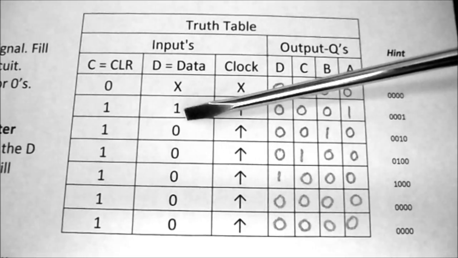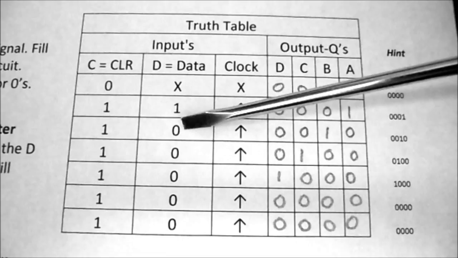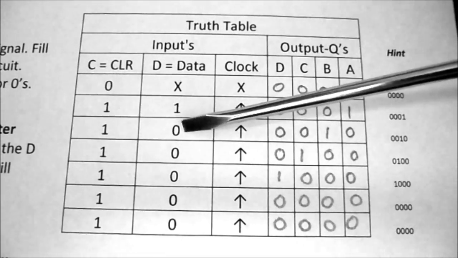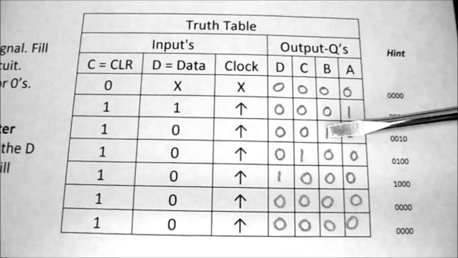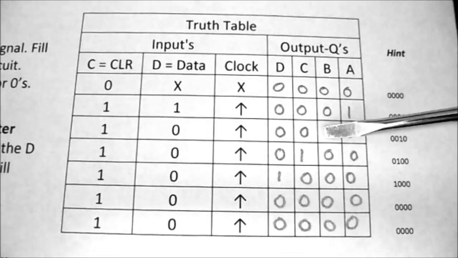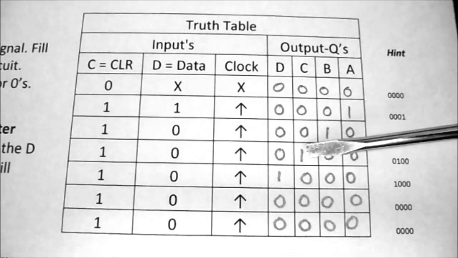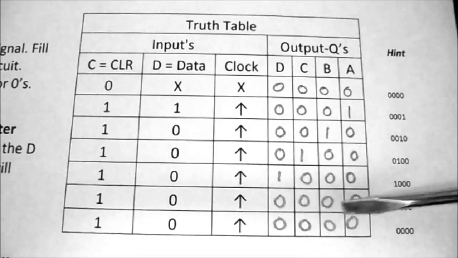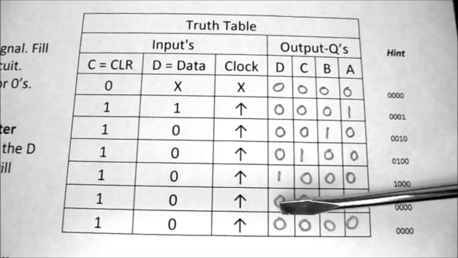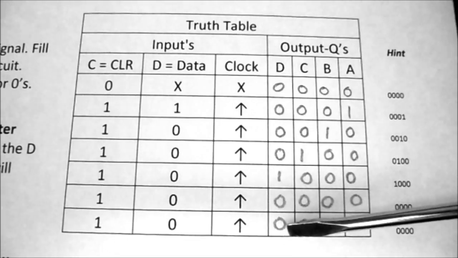Now I had to move the D switch back to 0 quickly before the next clock pulse came along, and the 1 shifted over 1 position. Then on the next clock pulse, it shifted over another 1 position. Then on the next clock pulse, it shifted over another 1 position. And then after that, all the zeros shifted all the way across.